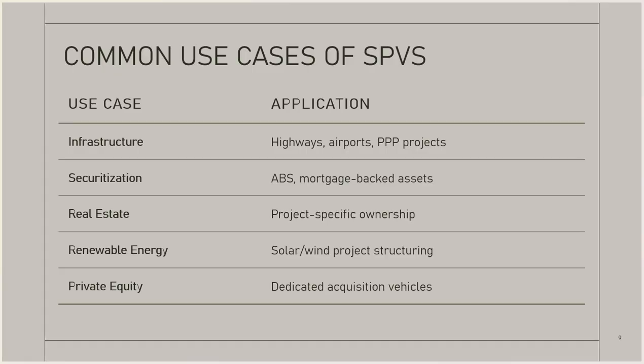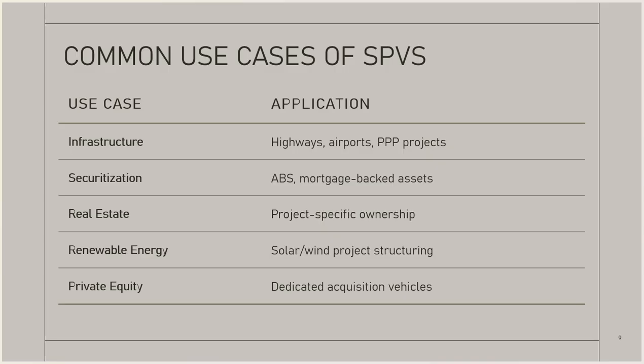Common use cases of the special purpose vehicle are infrastructure, securitization, real estate, renewable energy, and private equity. Applications in infrastructure include highways, airports, public-private partnership projects, road construction, or port construction. Securitization covers asset-backed securities, market-linked and mortgage-backed securities.